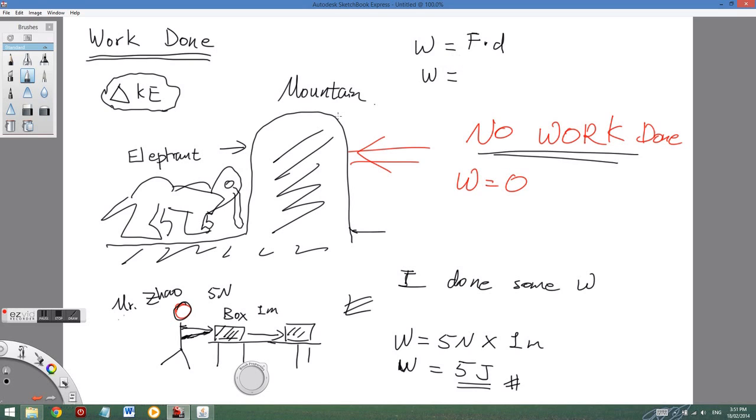Now let's look at the units. I do this only to show you the units. Force is measured in ma. Now look at the unit: kilogram and meters per second square times meters again.